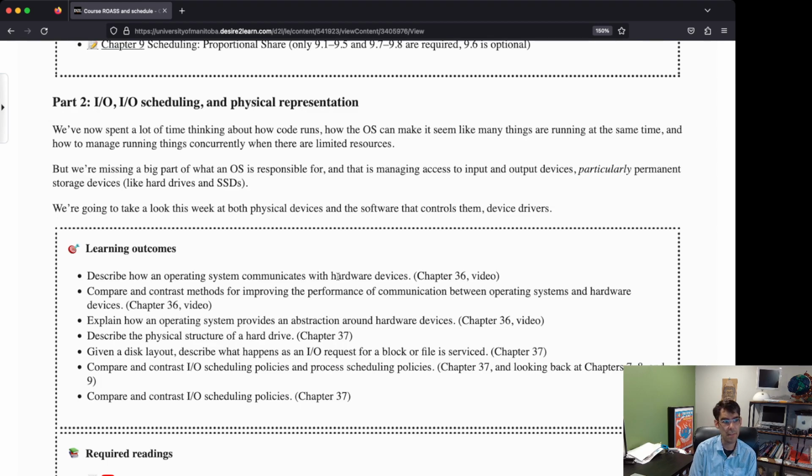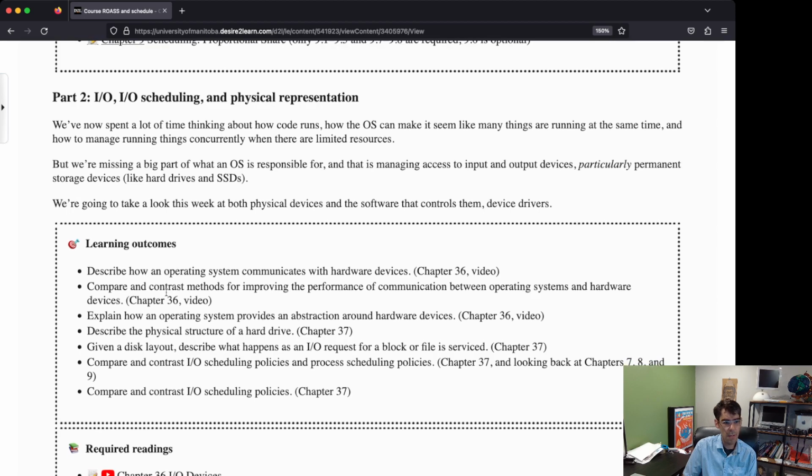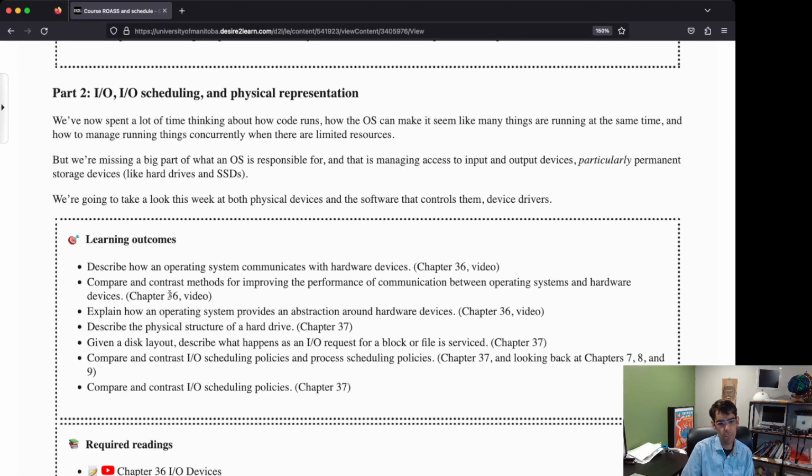So x86 has input and output instructions for reading and writing from a drive. Compare and contrast methods for improving performance of communication between operating systems and hardware devices. This is fundamentally the idea of DMA. So having our devices directly attached to the system and then be able to directly write to memory.